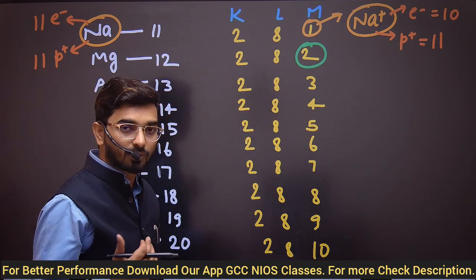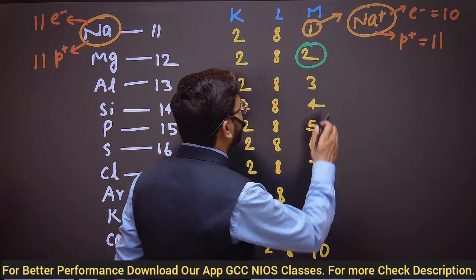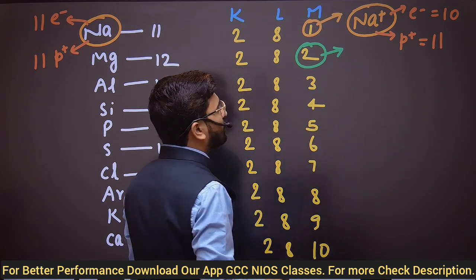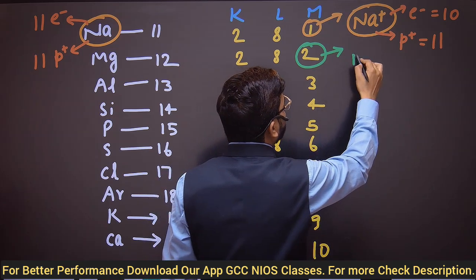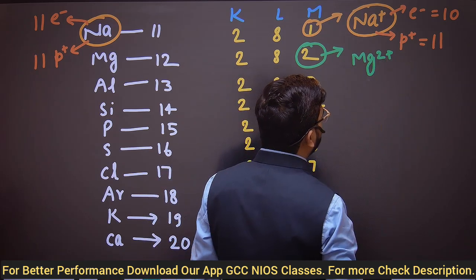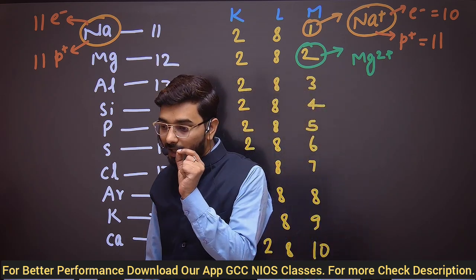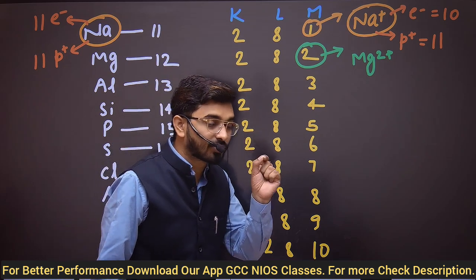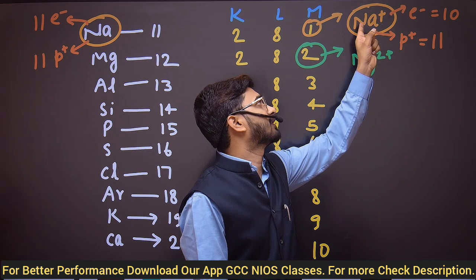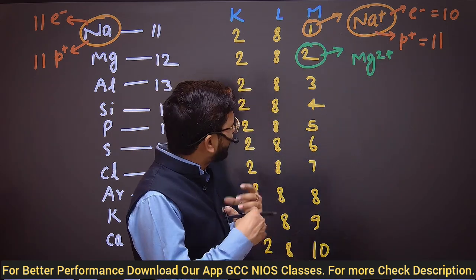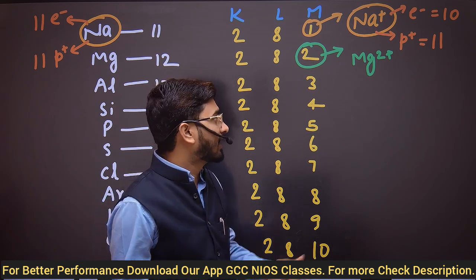You know very well, a maximum of 3 electrons are allowed. So in this case magnesium will donate its 2 electrons and make Mg2 plus. The formation of charges depends on the transfer of electrons. If any element donates 1 electron, then the charge will be single, written like Na plus. If any element donates 2 electrons, then the charge will be written as 2 plus.